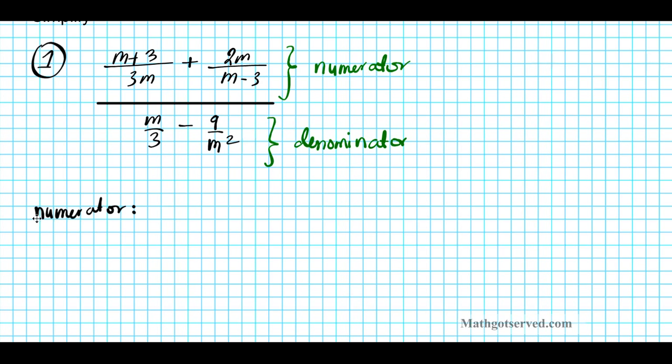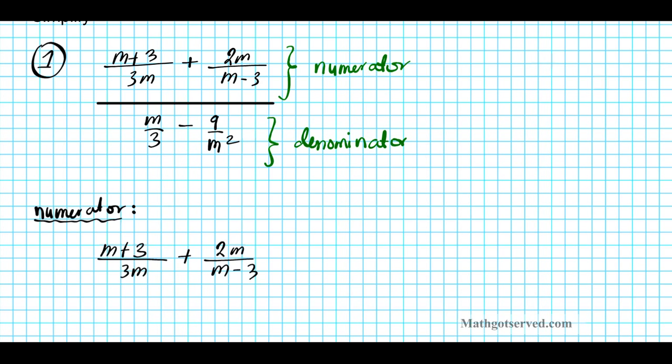So for the numerator, we have m plus 3 divided by 3m plus 2m divided by m minus 3. Now, how do we add these fractions?